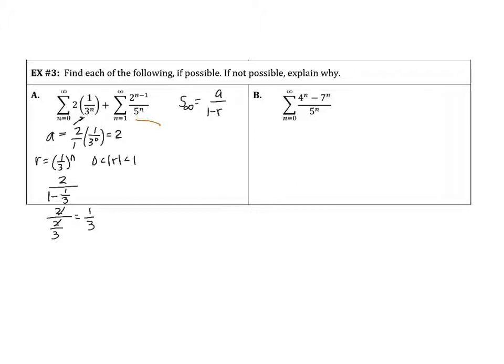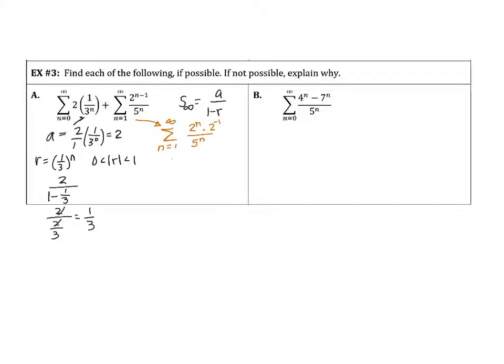And so for this one, we can do some rewriting to help us see what's going on with it. So I would rewrite this from n equals 0 to infinity. And that is really the same thing as 2 to the n times 2 to the negative 1 over 5 to the n.